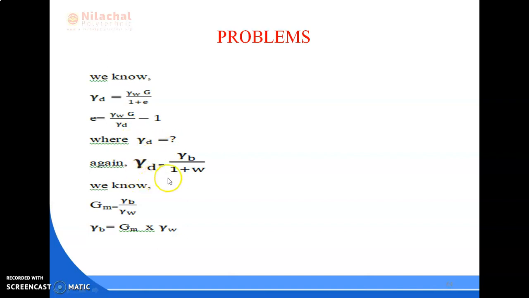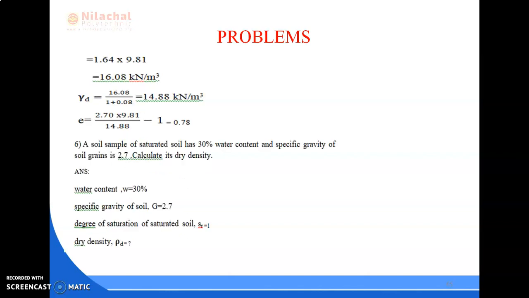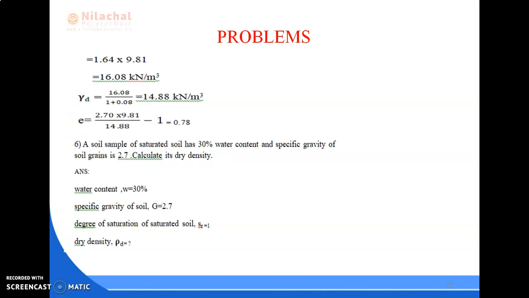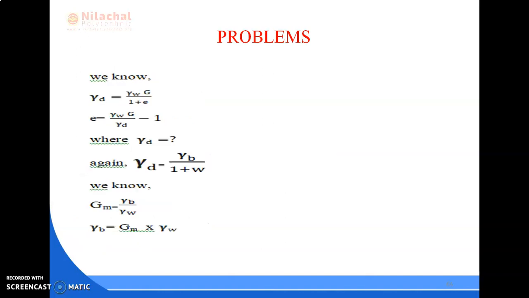Gamma d equal to gamma b by 1 plus w, we know. So again Gm equal to gamma b by gamma w, which implies gamma b equal to Gm or mass specific gravity into gamma w. So here we put all the values. Gm value is 1.64 into 9.81 equal to 16.08 kilonewton per meter cube.